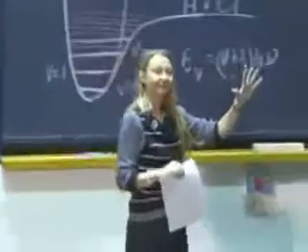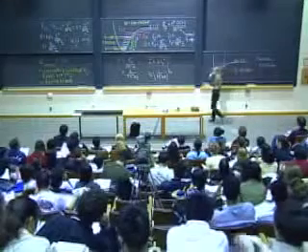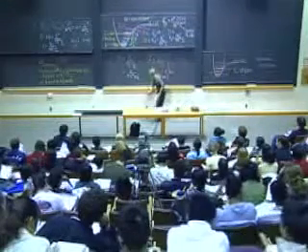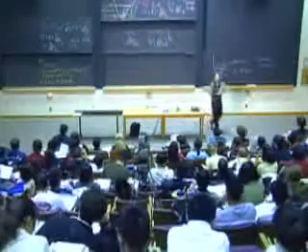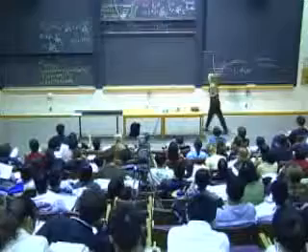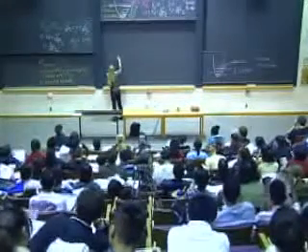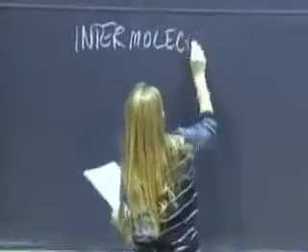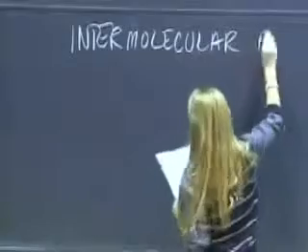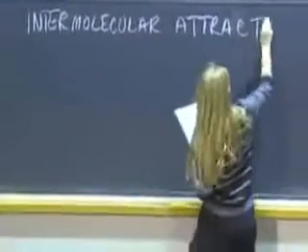Questions? All right. If not, what I want to do is leave the subject of internal motion, and talk for the rest of the hour and a little bit on Friday about another topic, which is intermolecular interactions, or I'm going to write it here as attractions.